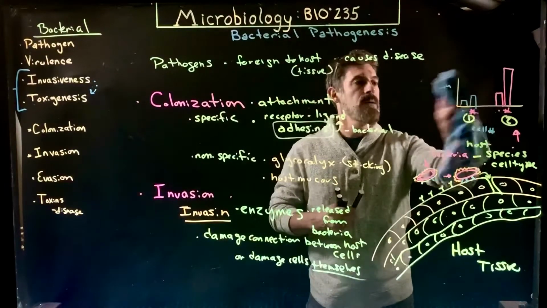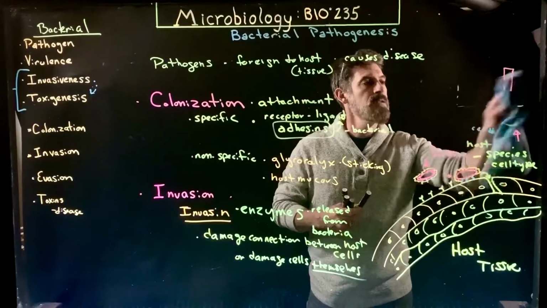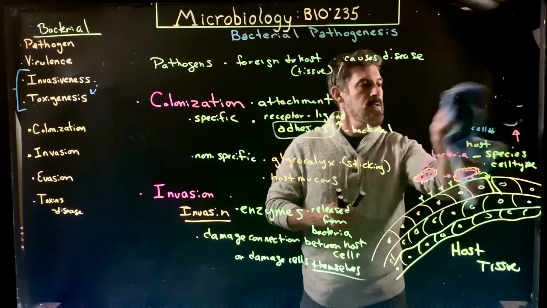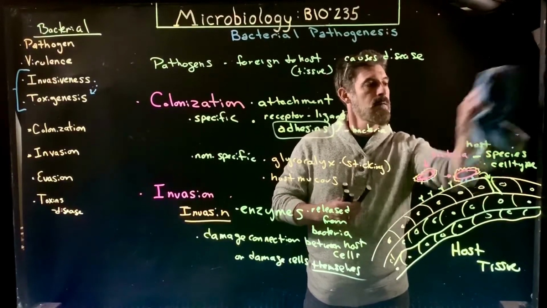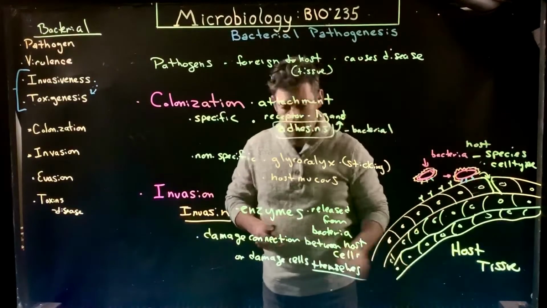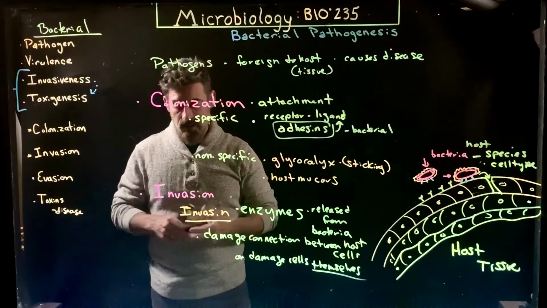There are some really good tables and figures in one of the reading assignments that I have linked in the study guide. But I'm going to go over just a couple of the general categories.